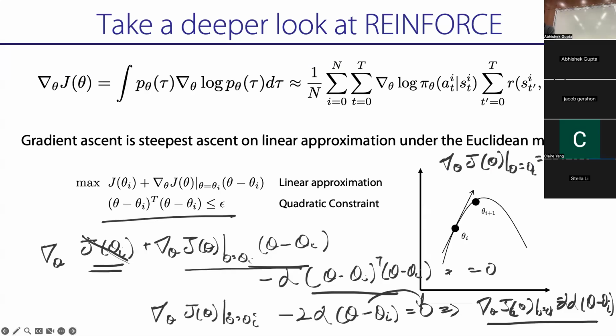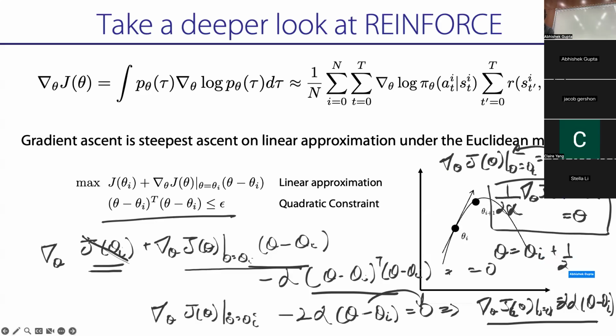And so now you can move over the 2 alpha to this side and say 1 over 2 alpha times the gradient plus theta I is equal to theta, right? You just divide both sides by 2 alpha and then move the theta I over to the other side. But this exactly looks like gradient descent now, right? Because you've shown that theta is equal to theta I plus 1 over 2 alpha times the gradient. This thing you can call your step size, right?